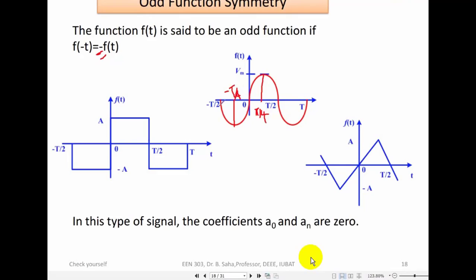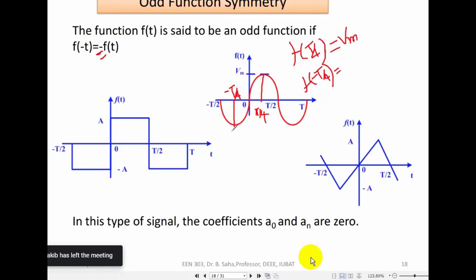So f of T by 4 is plus Bm, and f of minus T by 4 is minus Bm.